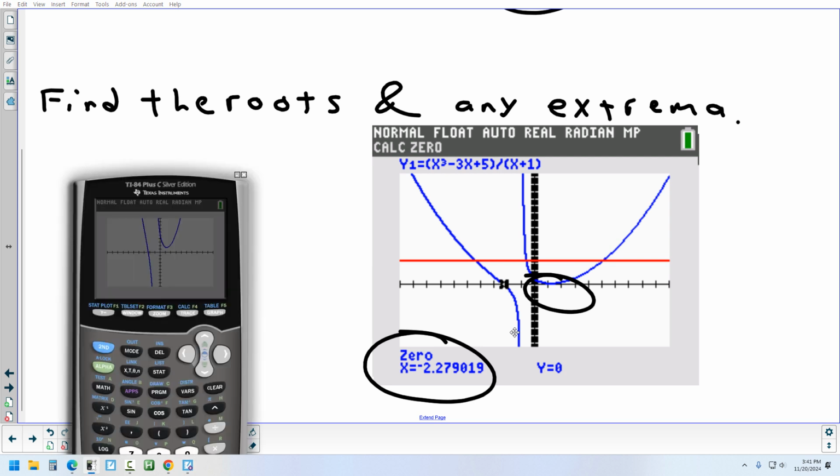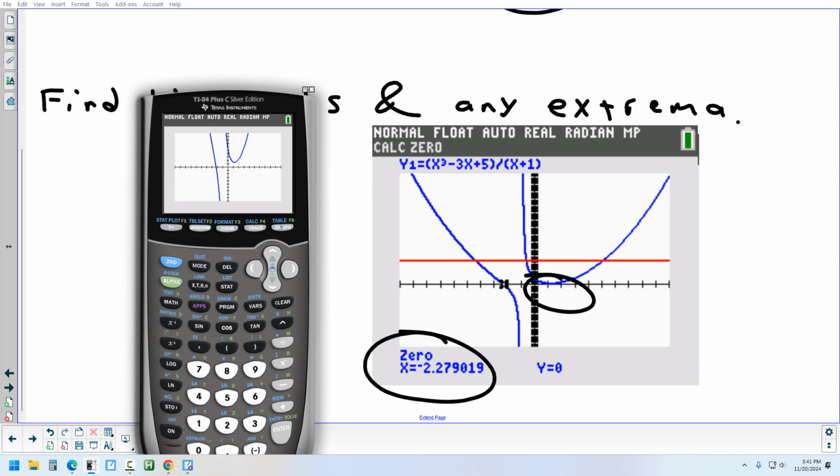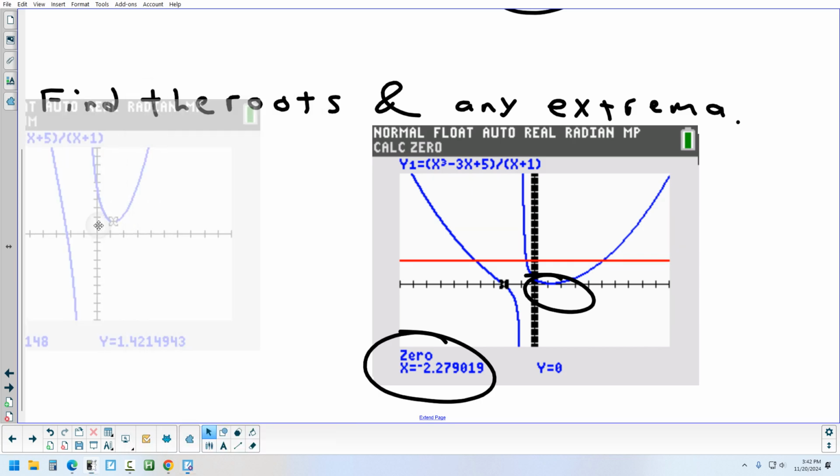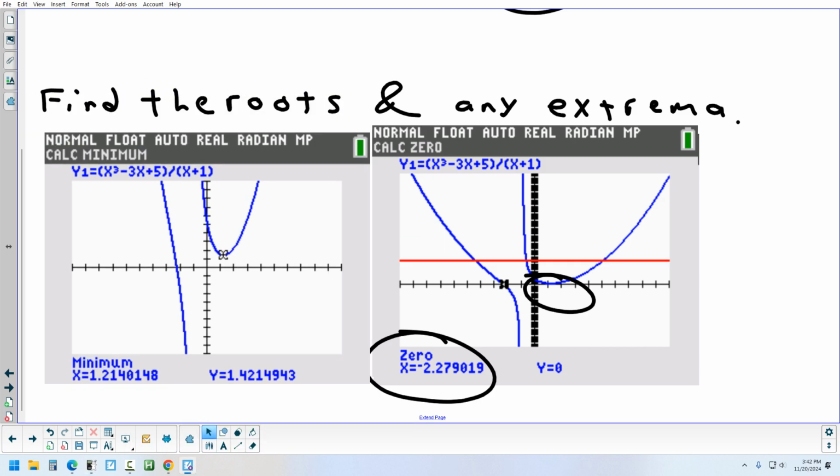So how do we find the coordinates of that point? Second calc, minimum. Yep, second calc minimum. And we just pick a point to the left, to the right, hit enter, and we get the coordinates of our minimum.